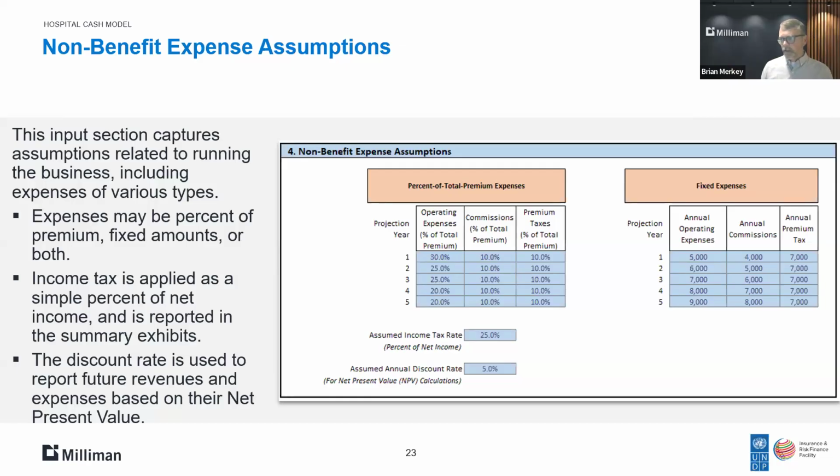Whereas a commission paid to a distribution network may basically be a portion of premium and therefore scale as more enrollments are brought in, so that expense should scale accordingly. So two different ways of representing expenses in this model. And then we've also got the income tax accounted for and a net present value discount rate, so that some of the summary exhibits can be shown as their net present value for accounting purposes.